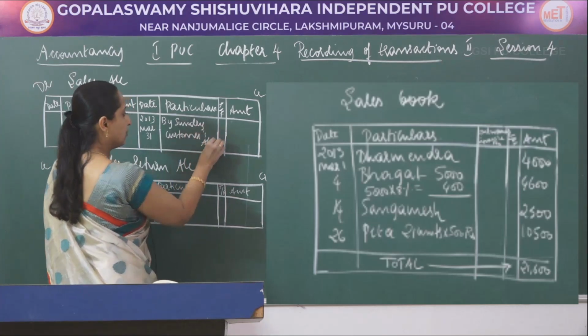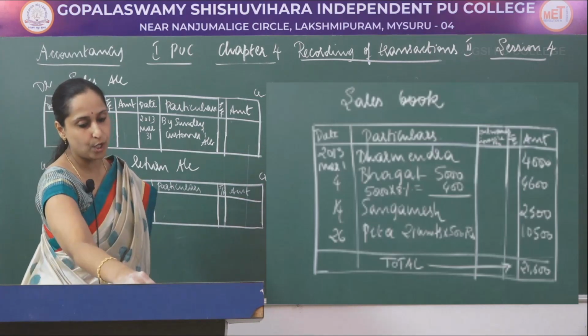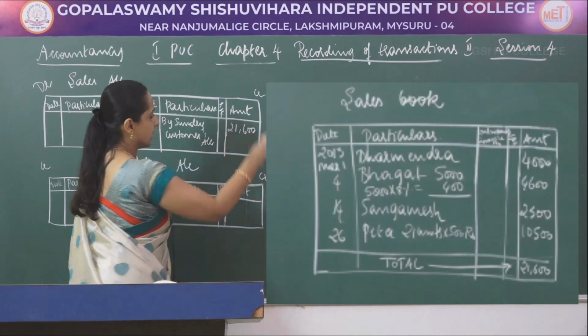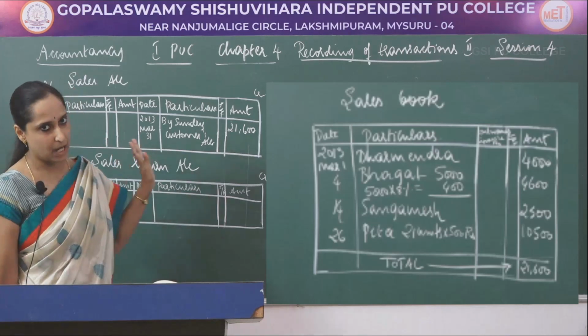Here you have to write the total of sales book, which is 21,600. These are the transactions which I have recorded in sales account.